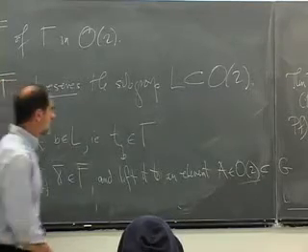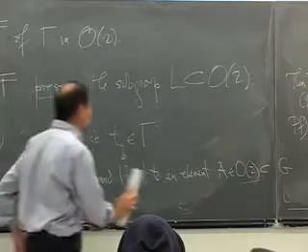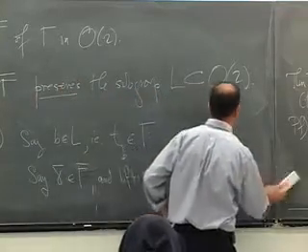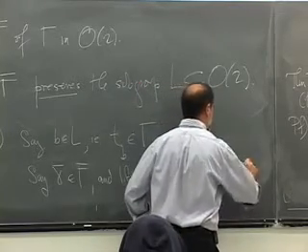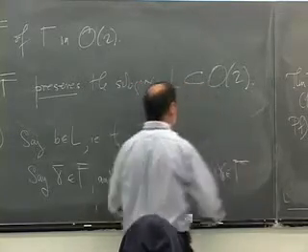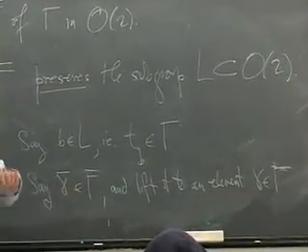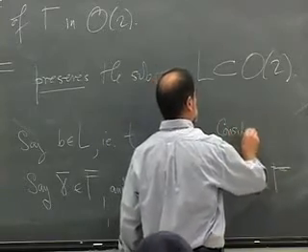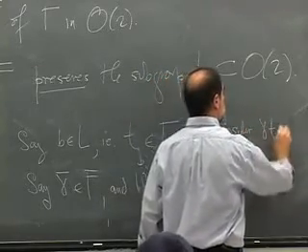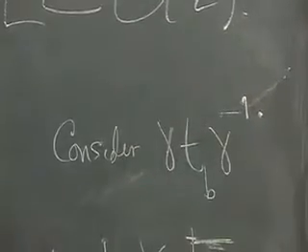All right, then, actually, lift it to an element. This isn't the right way to say it. Lift it to an element gamma in the subgroup gamma. There we go. So find an element in gamma that maps to this element in O2. And consider gamma T_B gamma inverse. So that's a conjugate element of this translation.